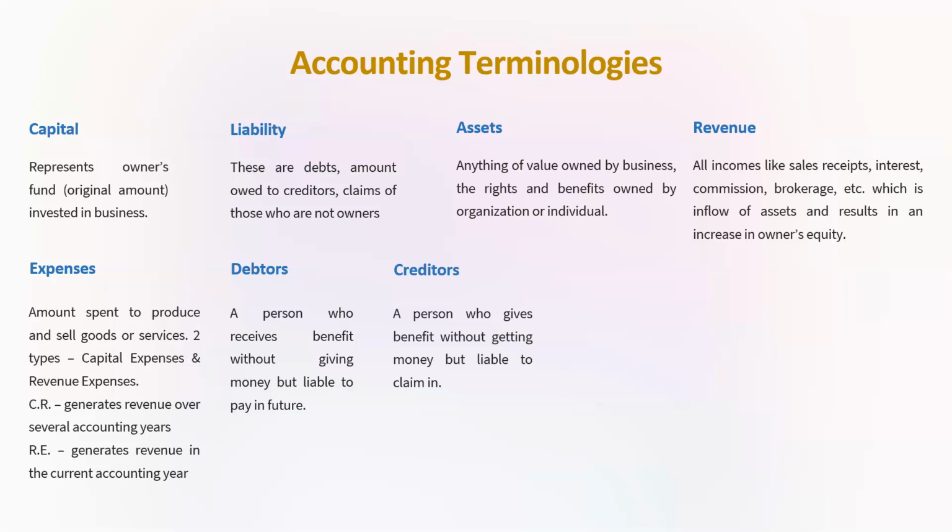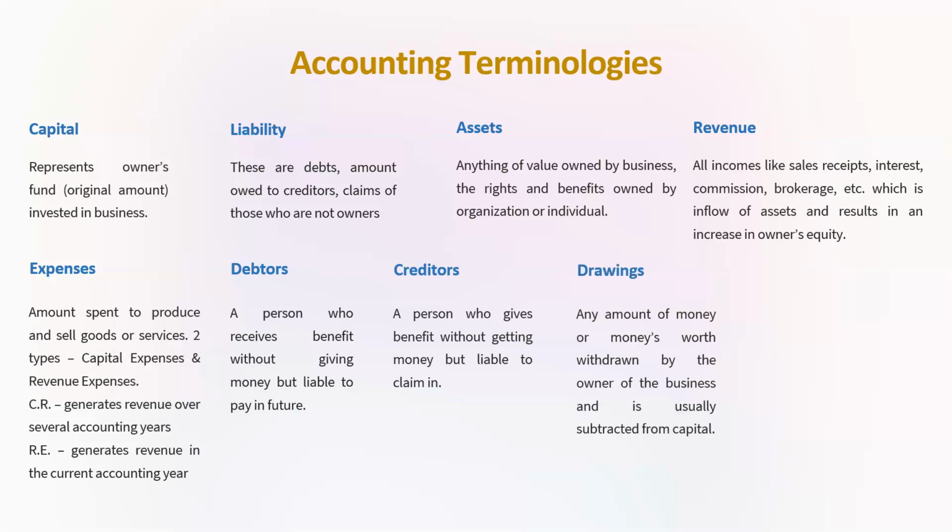Creditors are the persons who give benefit without getting money, but are liable to claim it. So anytime the company is liable to pay their money, for whatever service they have given to outside agents or outside parties or any individuals outside the organization, those are creditors. And drawings.